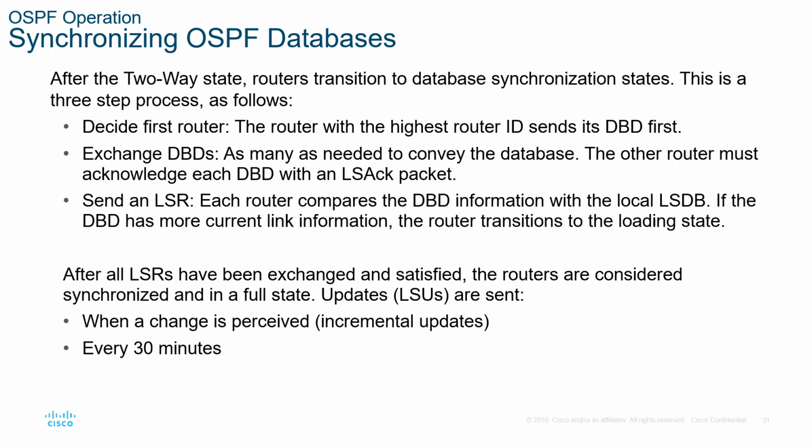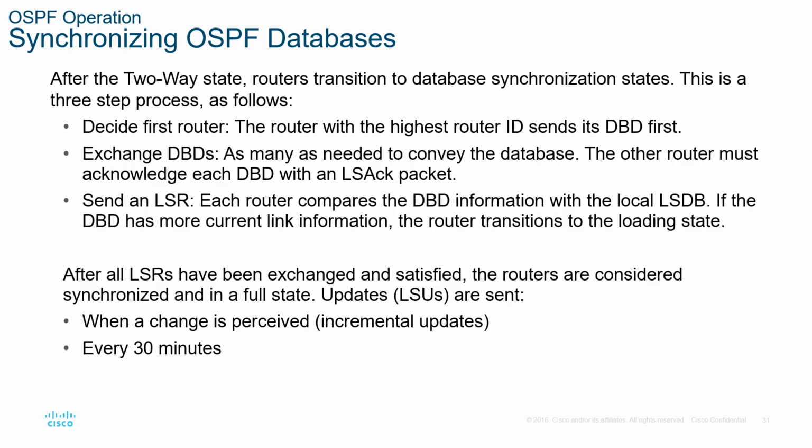They will exchange DBDs as many times as needed to convey the appropriate updated information within the database. The other routers must then acknowledge each DBD with an LS acknowledgement packet.